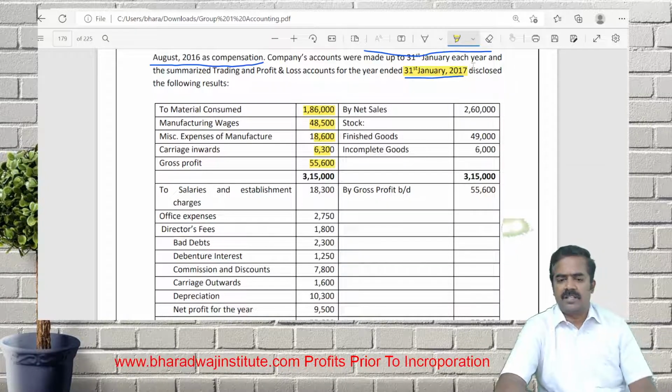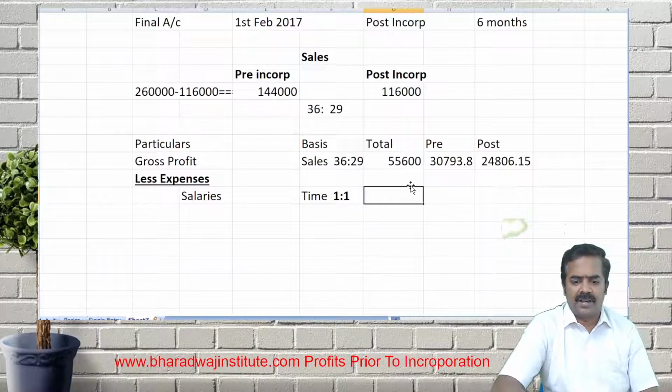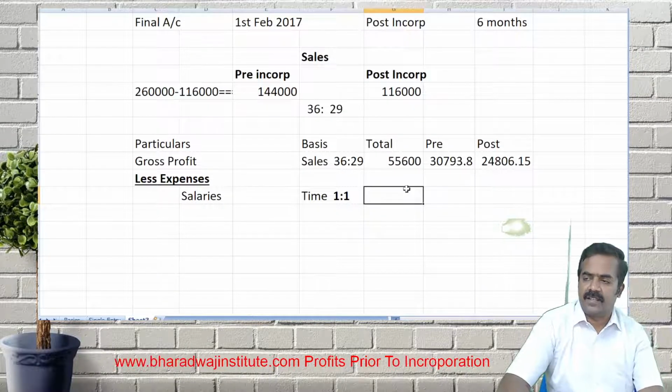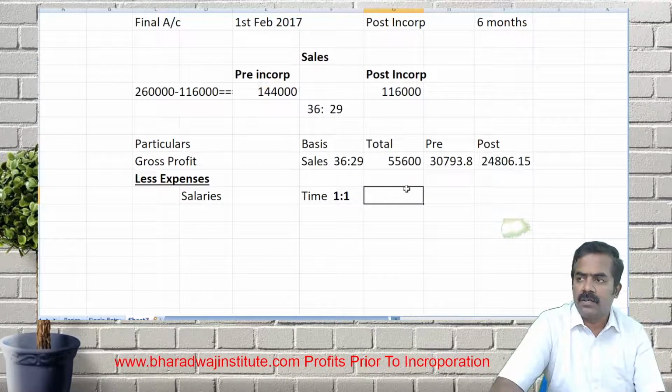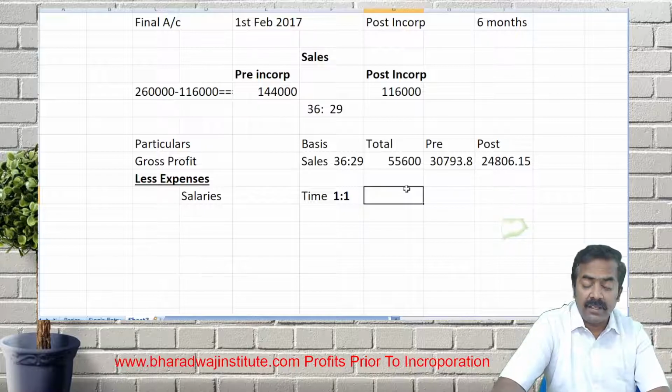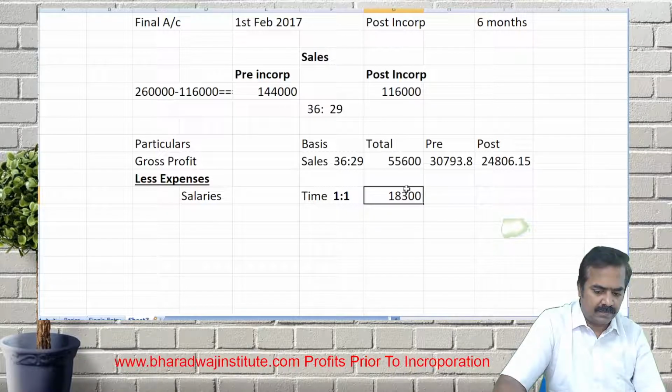Purchases is not given, carriage inwards is not given, automatically all the direct expenses will go in sales ratio. Otherwise direct expenses are apportioned in the ratio of sales. So salaries, what is the total? 80,300.